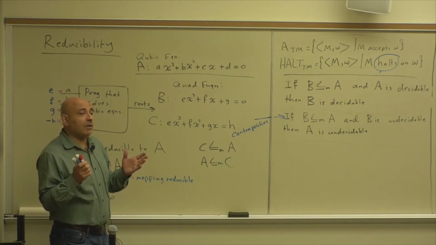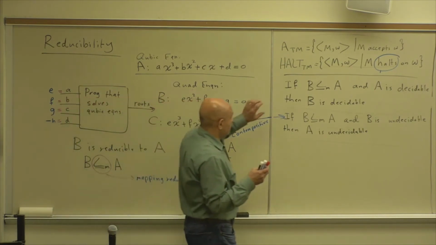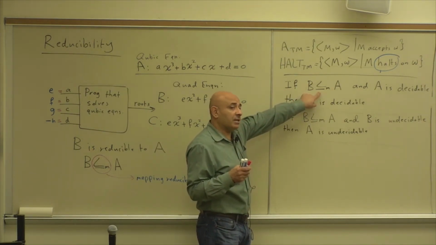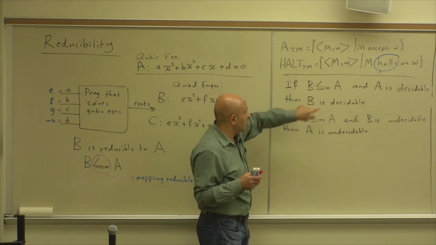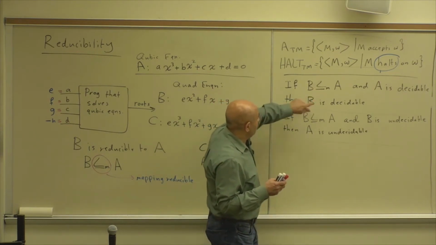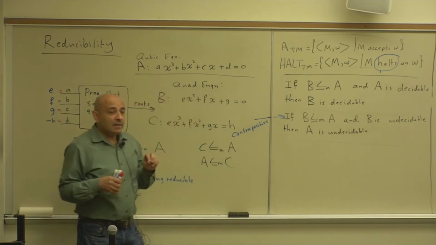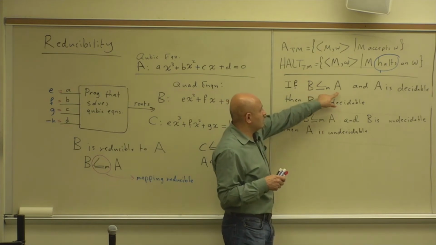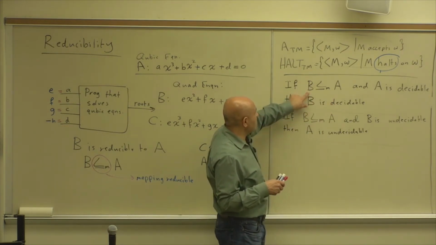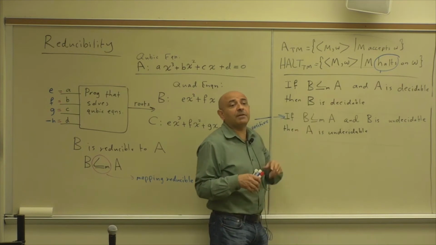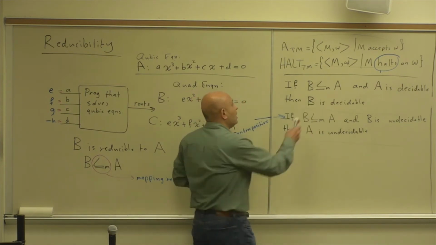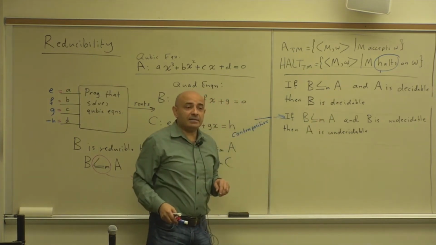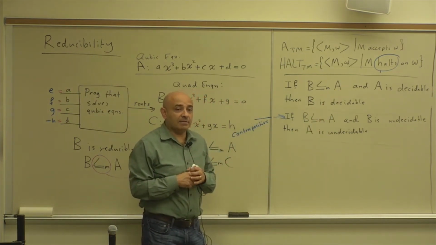And the most intuitive way of thinking of this is that this notation that we use to denote mapping is very mnemonic, because when B is reducible to A, it means that B is less than or equal to A in terms of difficulty. So B is either easier than A, or as difficult as A in terms of the difficulty of solving it.